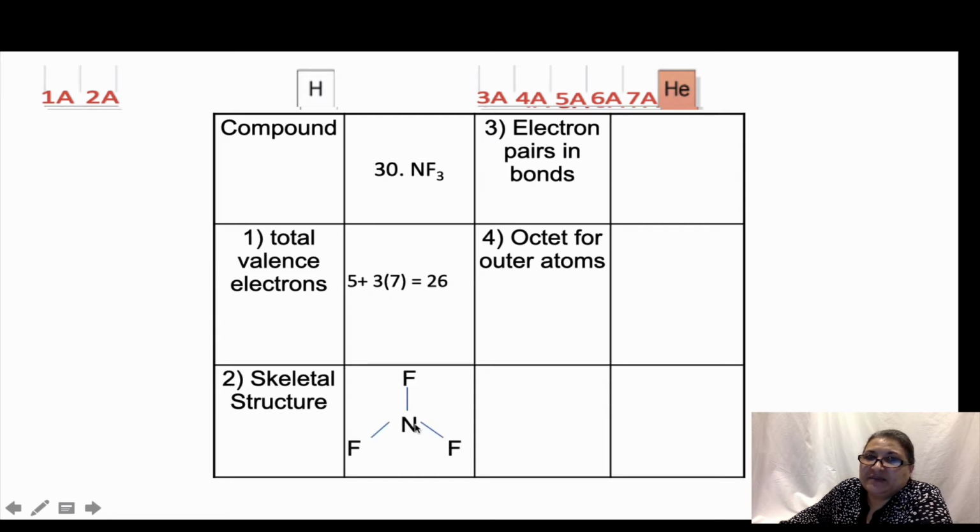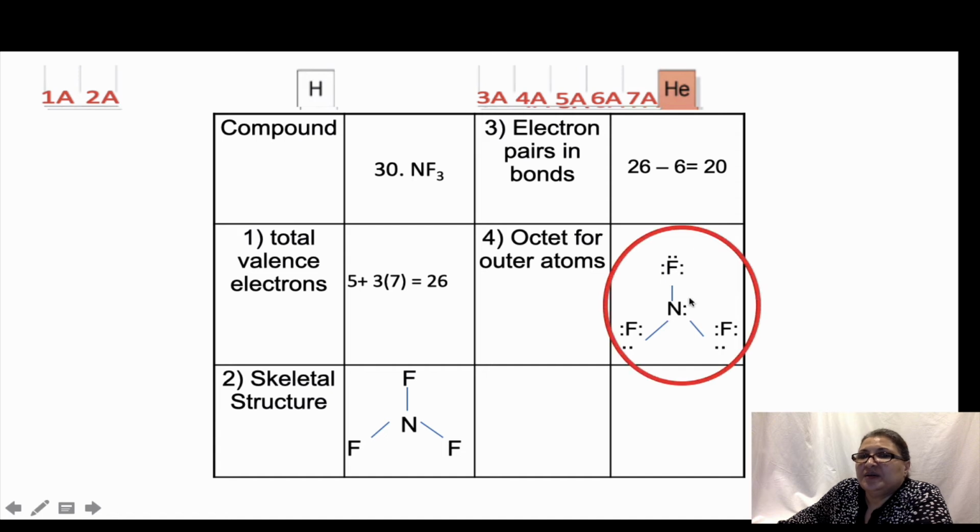We connect them. So we subtract 6. We have 20 left. We put 6 dots on each fluorine. That gives fluorine 8. But there are 2 left. When we subtract 18, 6 times 3 is 18. We have 2 left, and we put it on the central atom.